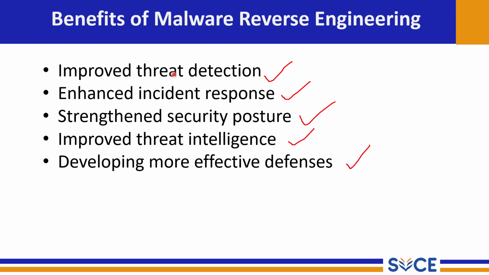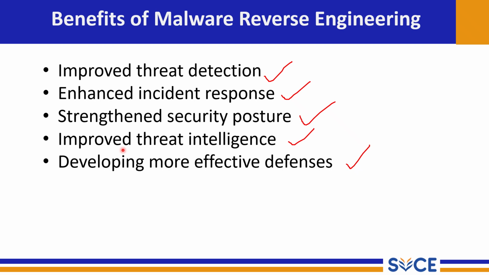And like the second one, enhanced incident response. So here also, reverse engineering helps in understanding the attack vector and crafting some effective incident response plans. And third one, like strengthened security posture. Reverse engineering helps to identify the vulnerabilities and develop the countermeasures to protect the systems. And fourth one, like improved threat intelligence.